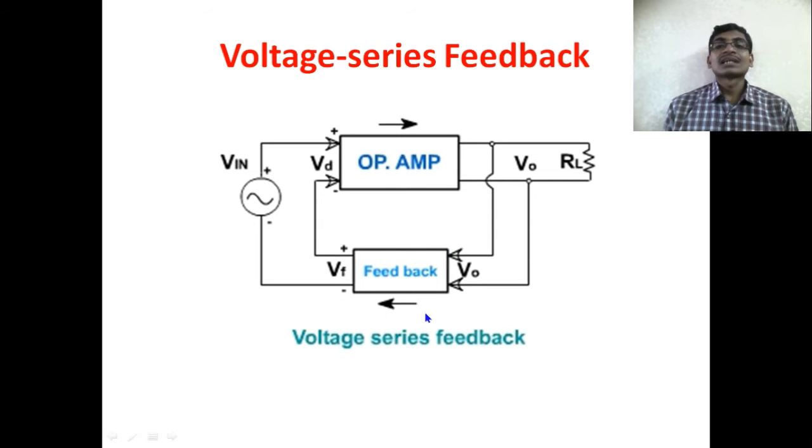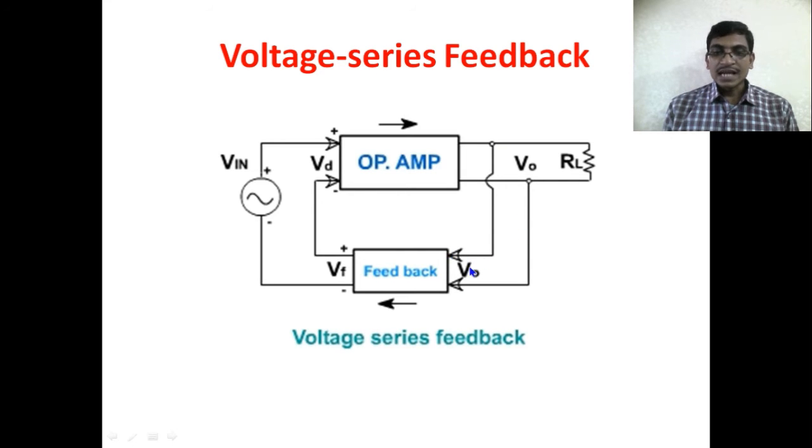This feedback section will do some operation on this output voltage and produce a feedback voltage Vf. This feedback voltage is mixed with the input voltage. The voltage sampling is done by using a parallel connection from the output to the feedback block.